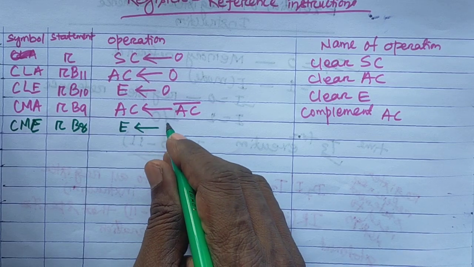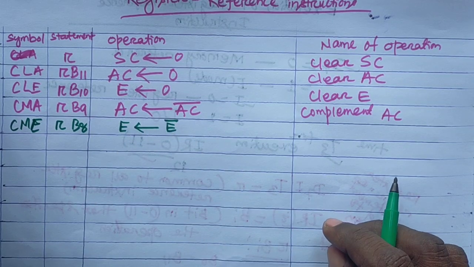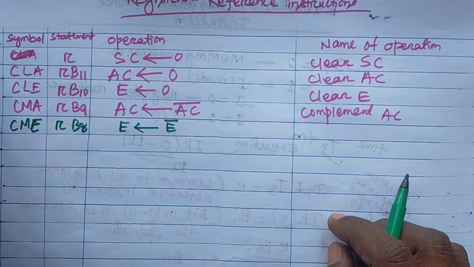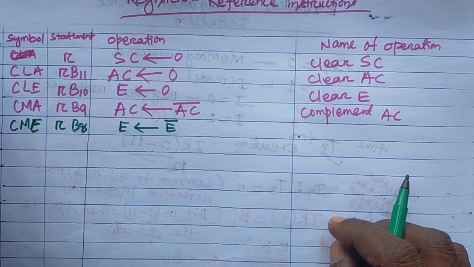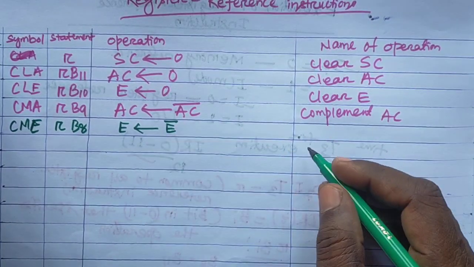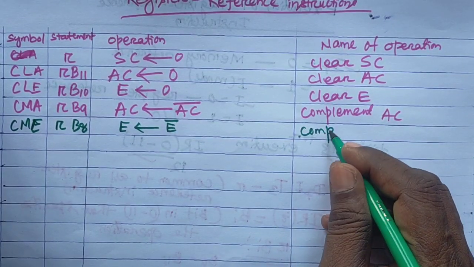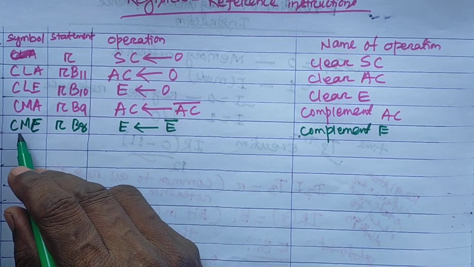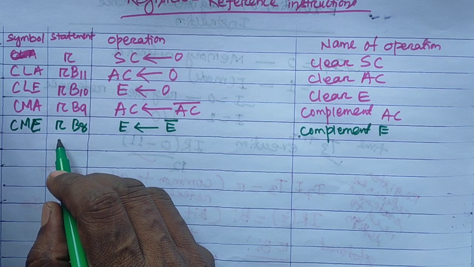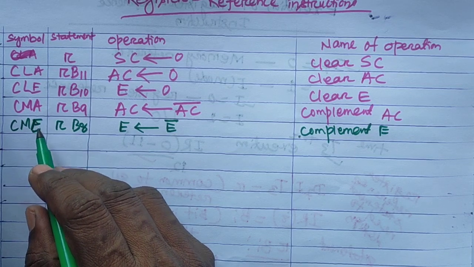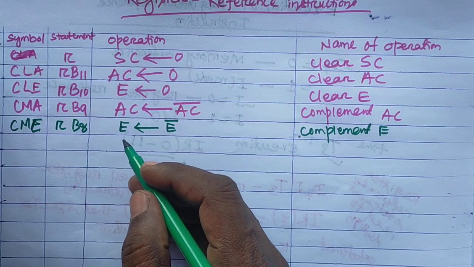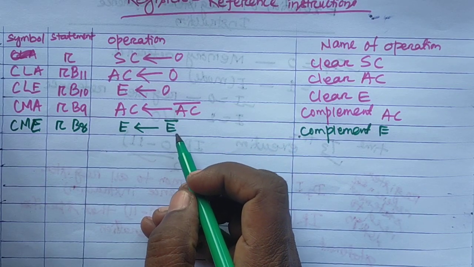E complement is transferred to E. That is what we can call the complement of E. Very simple, complement of E. It is the complement of the accumulator, and here it is the complement of E. Any data, from the complement point of view, here is accumulator data, here is normal E data.